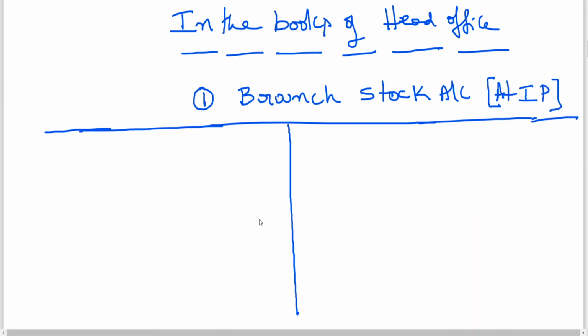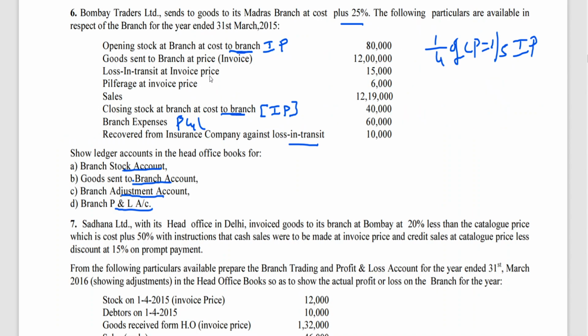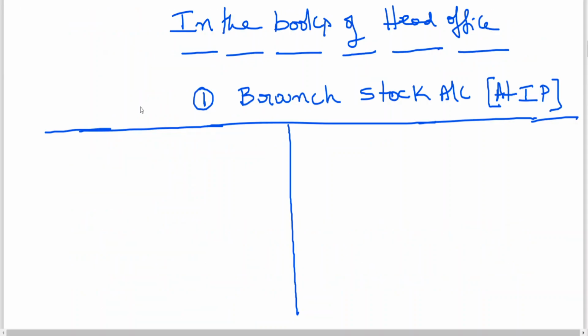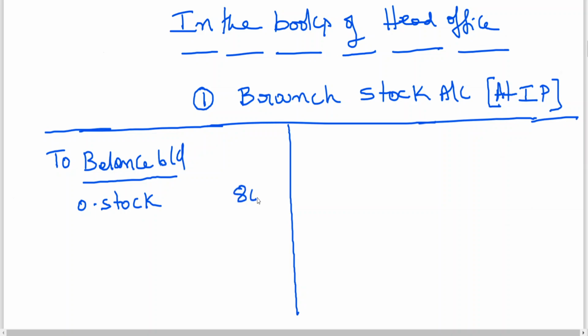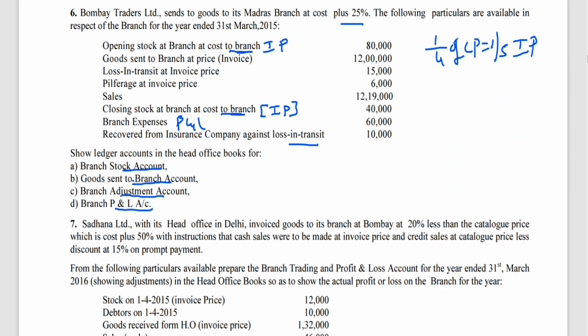IP means at invoice price. Opening stock at branch, I'm writing to balance brought down. Here I have written, but again to explain to you, I'm writing invoice price. Goods sent to branch 12 lakhs.